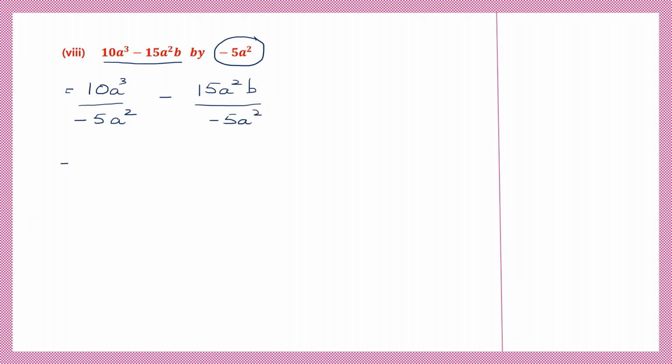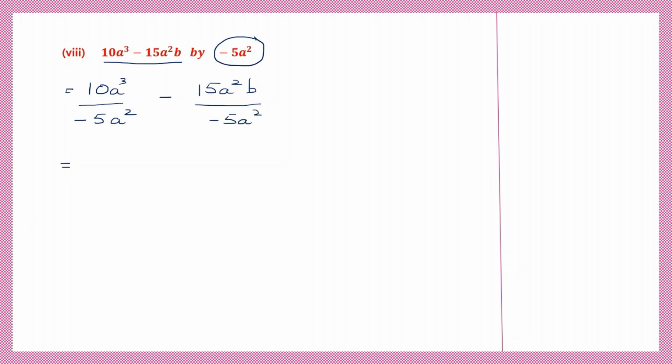Question 8. So again we'll take the first term of this expression. So we have 10a to the power of 3 and we're going to divide it by the divisor, which is minus 5a square. Then we'll take the second term here, minus 15a square b divided by minus 5a square. So let's take the first one.